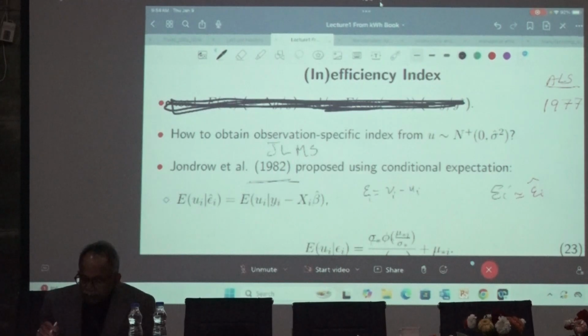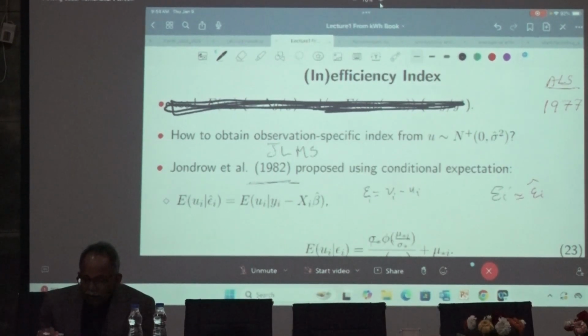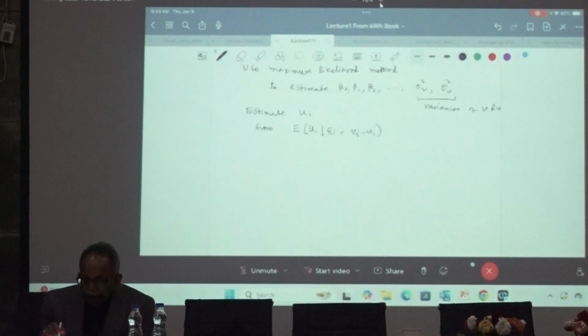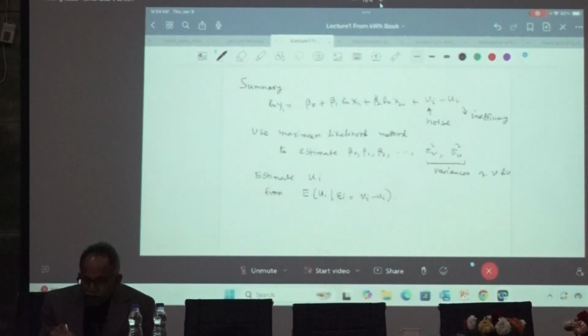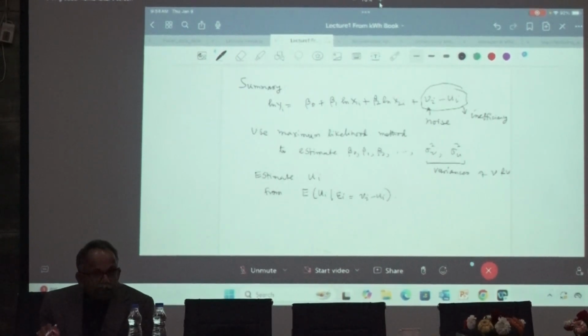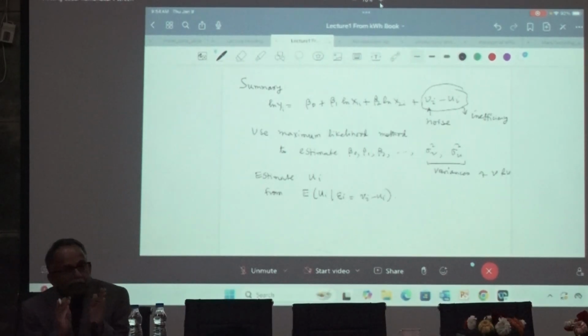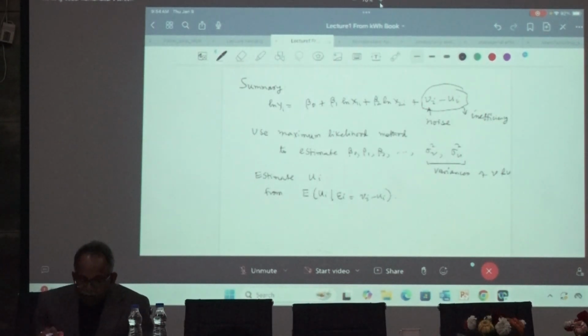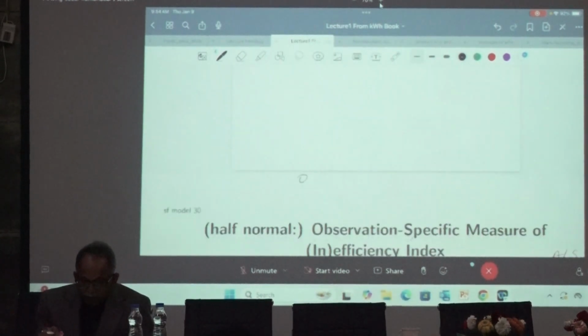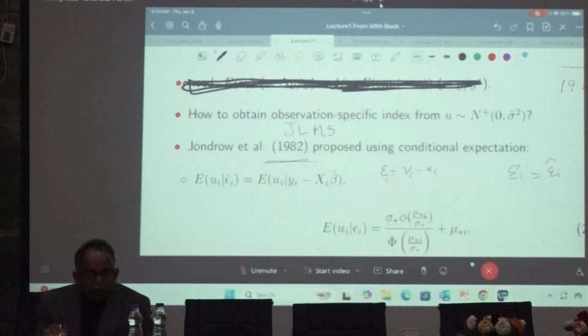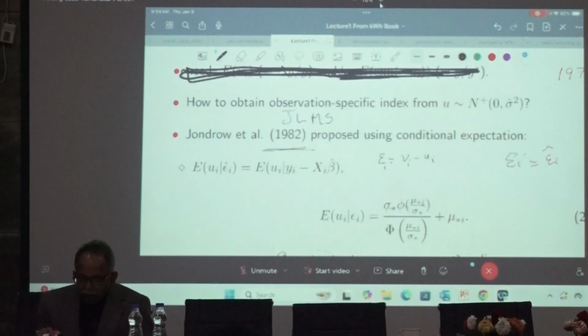Okay. Once you estimate the model, remember that you get the parameters, and once you get the parameters, you can define this whole thing, which is the residual. That means you know the residual. As I was telling you yesterday, you get the whole thing, V minus U, but the problem is separating U from V minus U. So what we do is use this conditional mean, and because of the distribution, there is a formula for that.